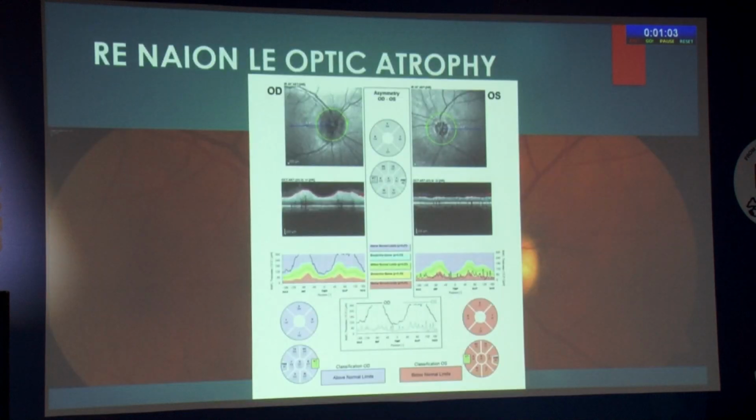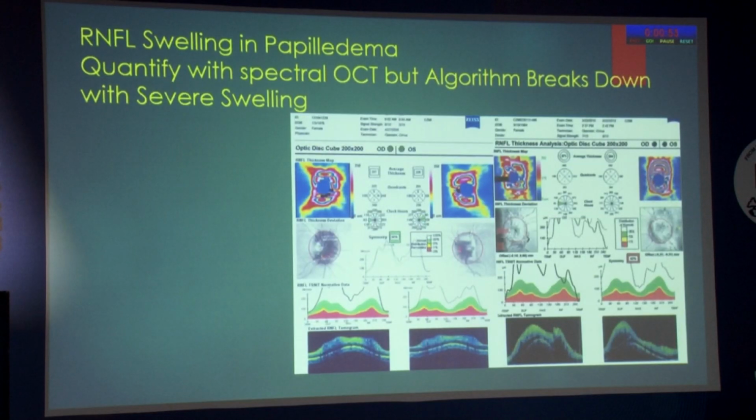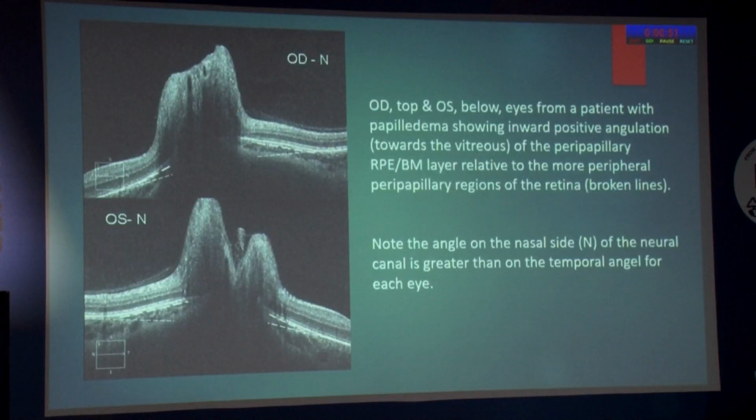Just to show you, the OCT also shows you changes. The affected eye is showing you massive edema on the nerve fiber, and the other eye is showing you the loss of nerve fiber that occurs progressively with time. So these are the other ways the OCT can tell you. One is, of course, you can look at the structure of the disc on the OCT and you will see the massive edema, plus the angle as the sclera approaches the optic nerve.